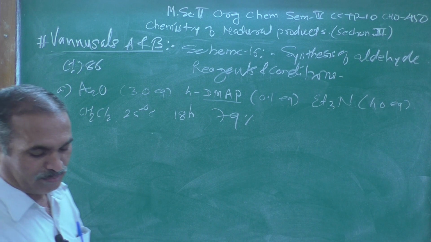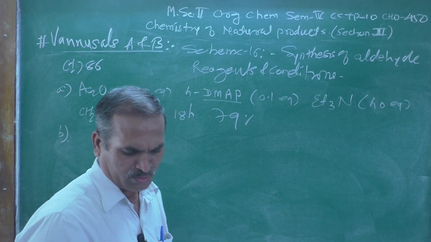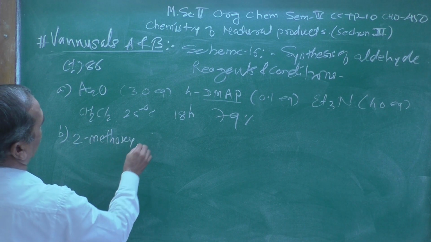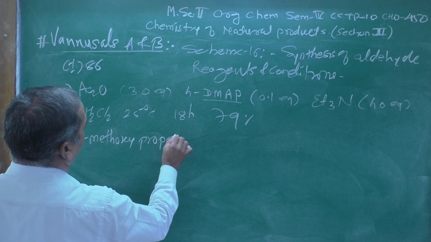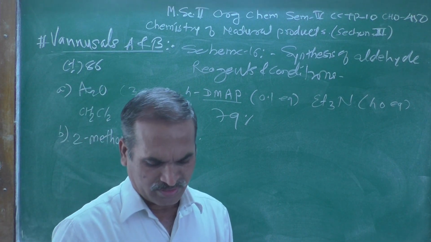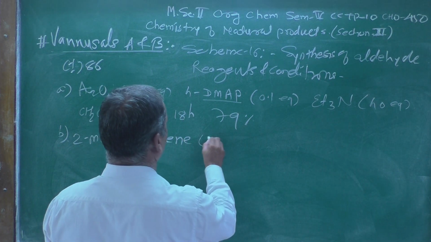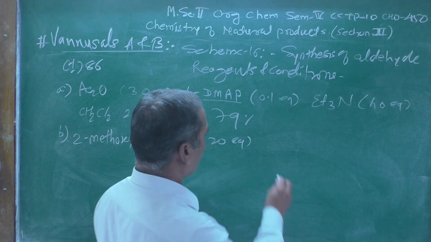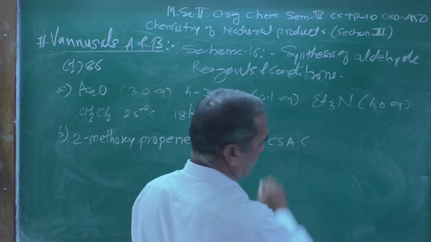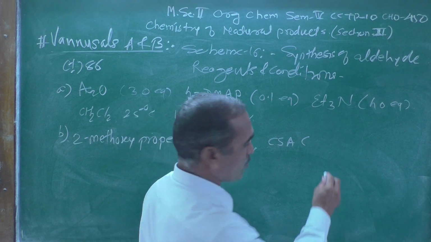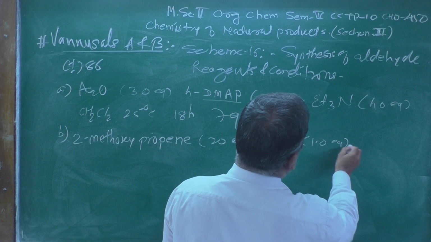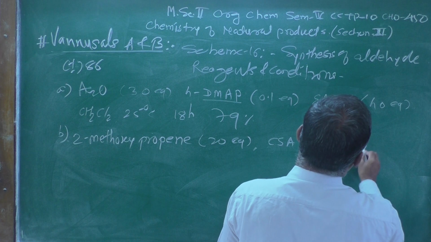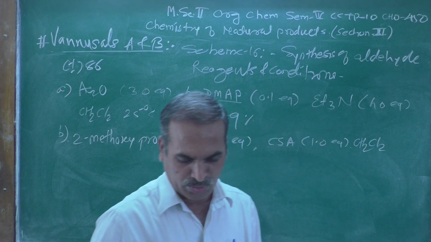It was reagent B, and that B reagent means 2-methoxypropene, which was taken at about 20 equivalent, followed by CSA, which was taken at about 1.0 equivalent, and the solvent employed was CH2Cl2, DCM, dichloromethane.